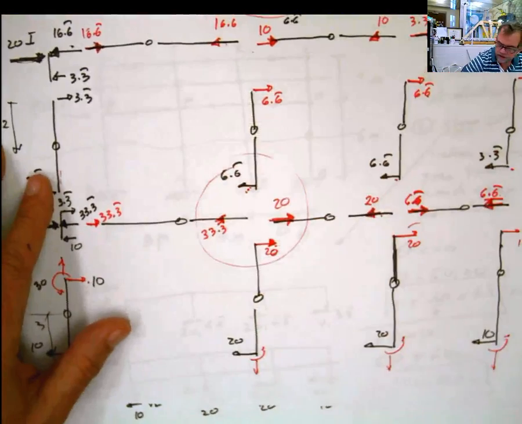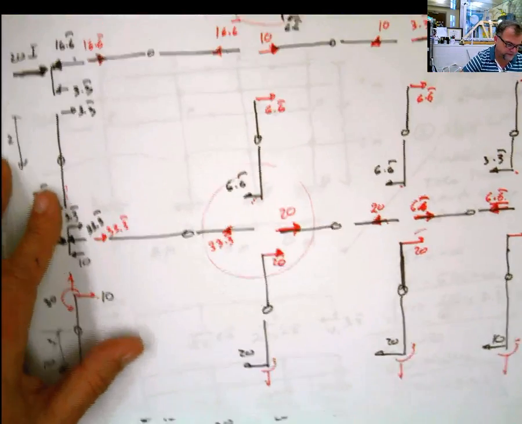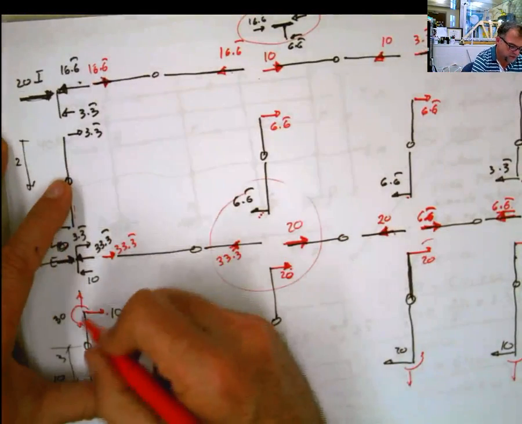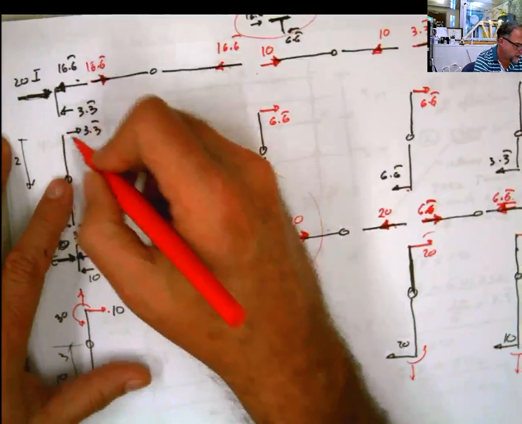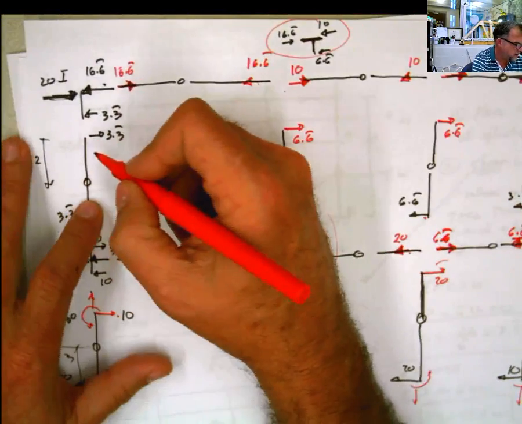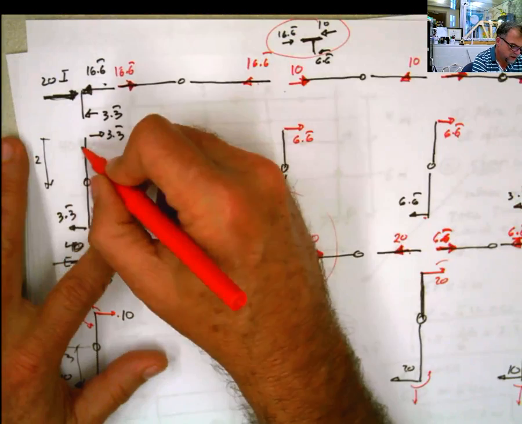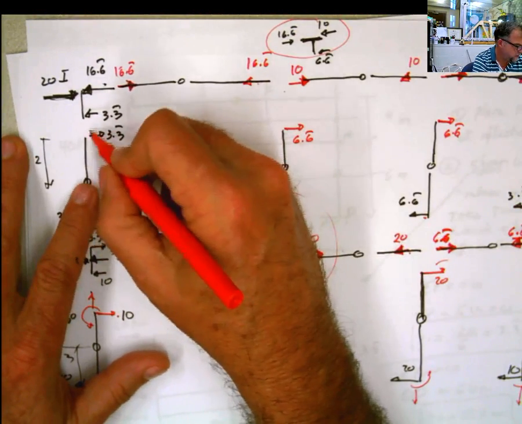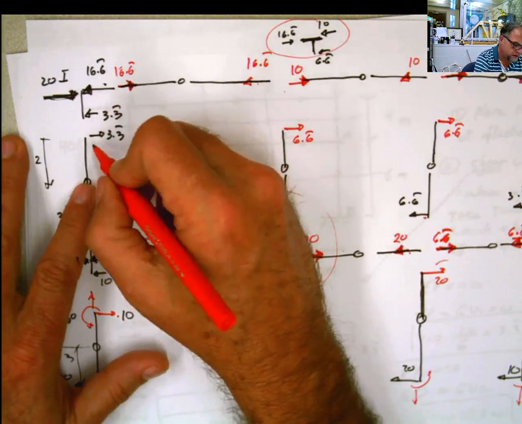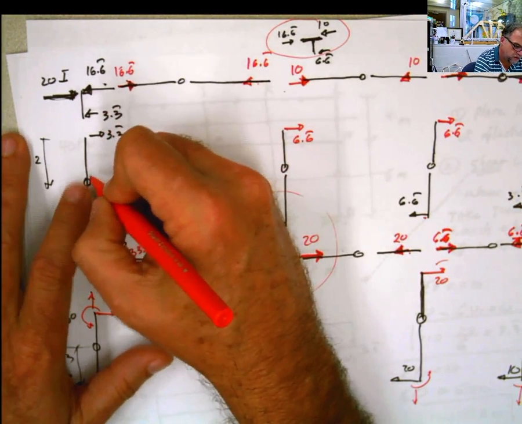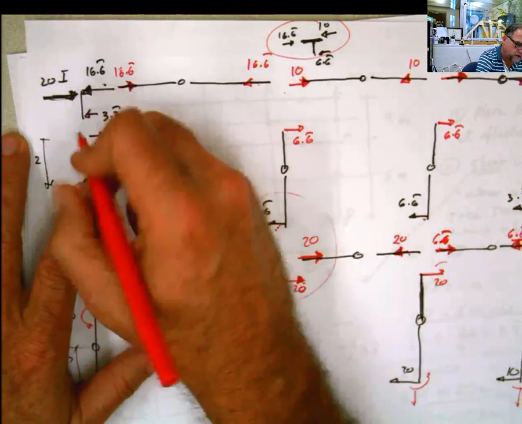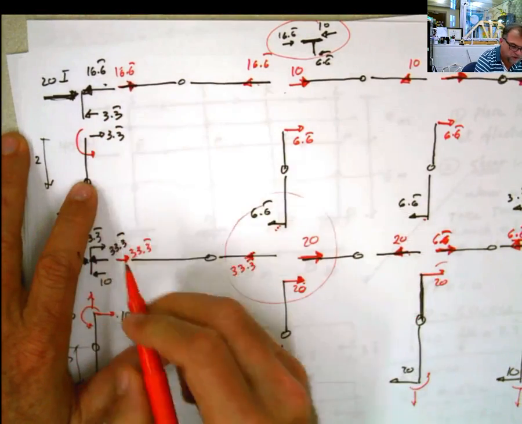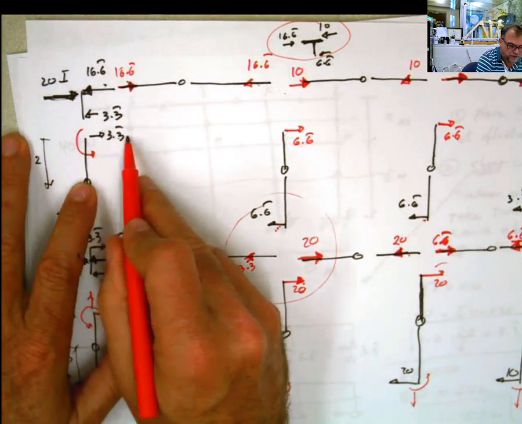So let me use the red pen. If I have to do the same approach that I did here and apply it at this point, I have a moment somewhere here in this part, and I can say summation of moments here equals 0. So I'm going to have a moment in this direction, which is going to be equal to 3.3 times 2.